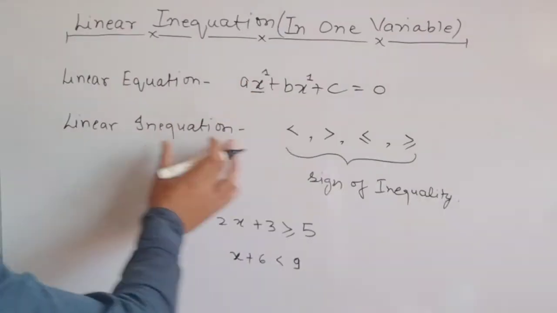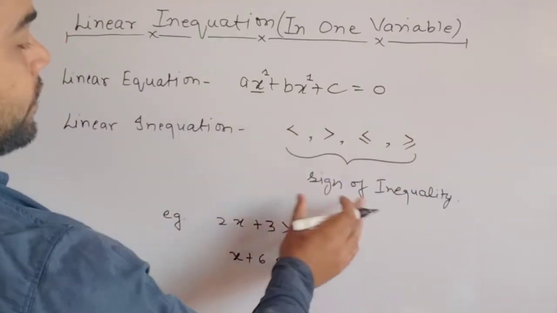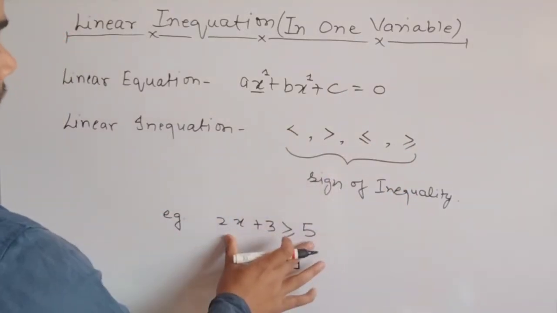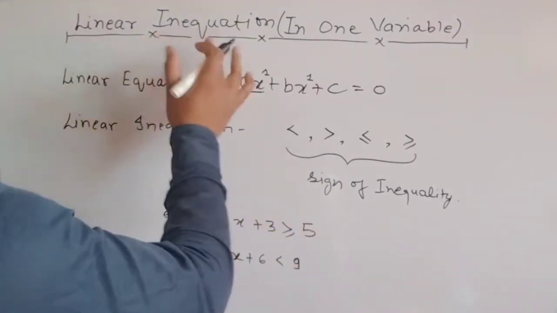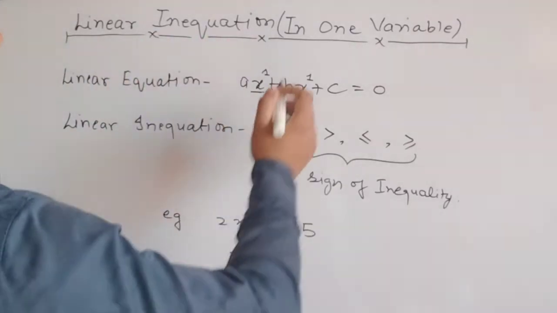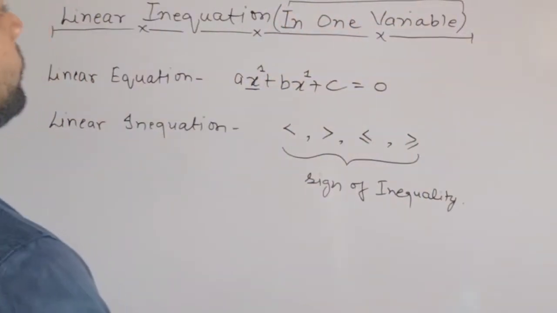Okay, and we put inequation signs. These are the four fundamental inequation signs which we can put in between any algebraic expression, and then the expression will be called a linear inequation. And the term is also linear inequation in one variable.